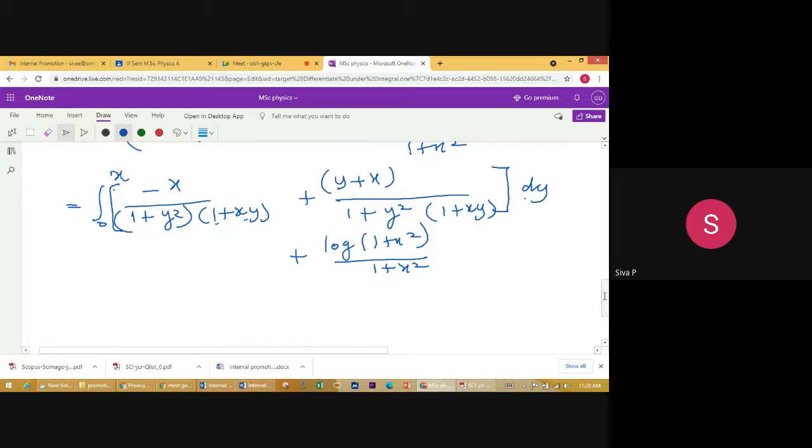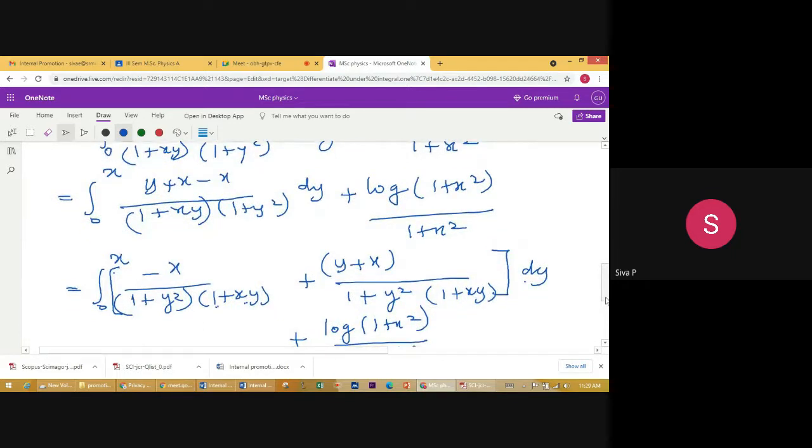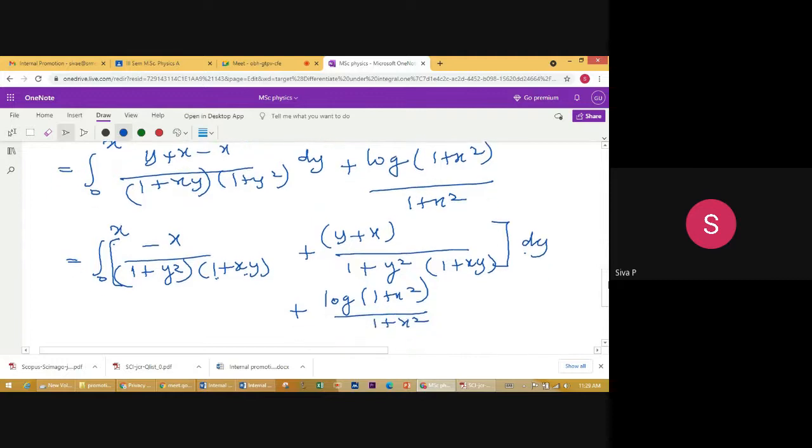Some mistakes were there. By book it is given as, actually it is not y square, in fact it was wrong.